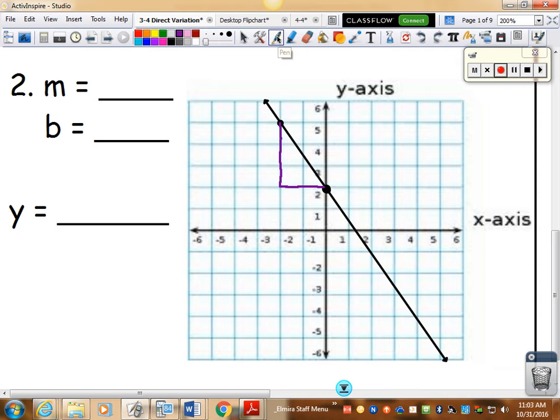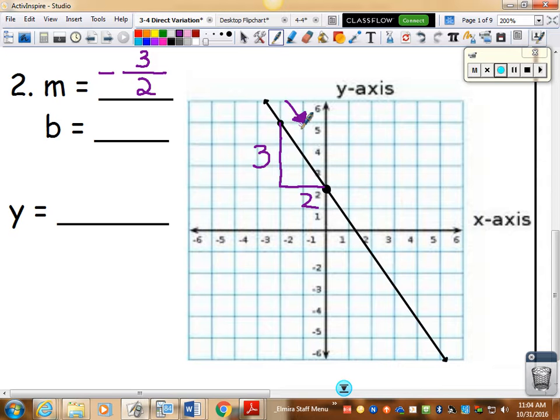Okay, so we have 3 boxes down and 2 boxes across. Remember that slope is your rise over your run. So 3 is my rise, that's how many boxes up and down, and 2 is my run. And it's negative because my line is going downhill.